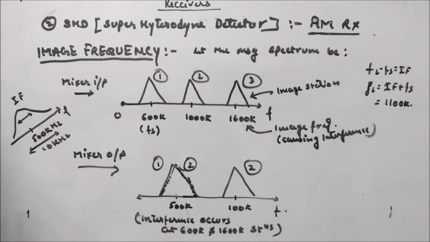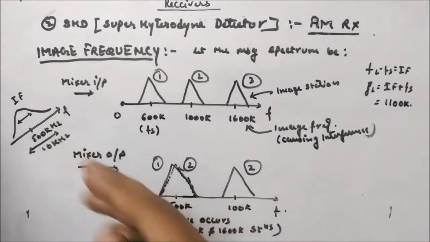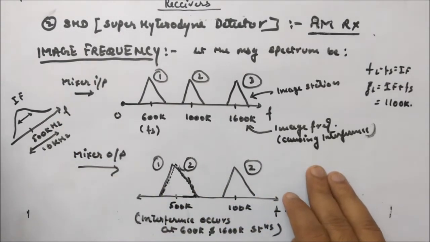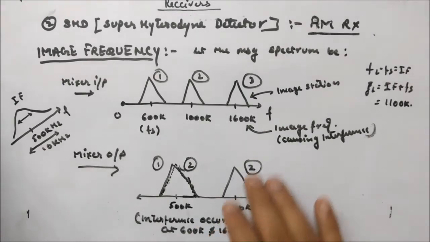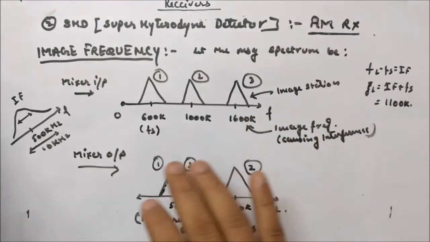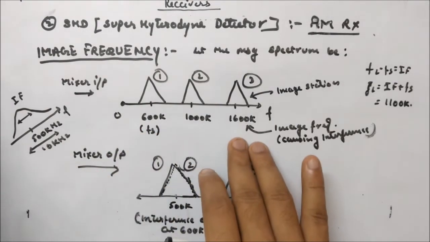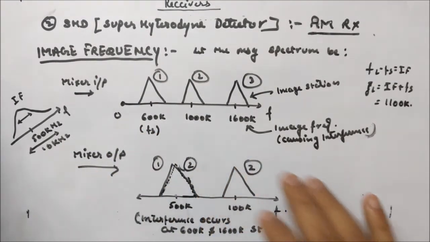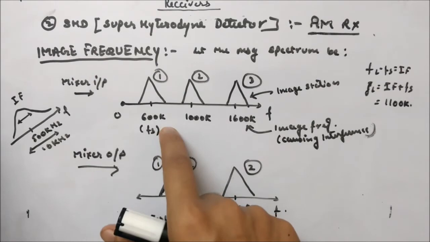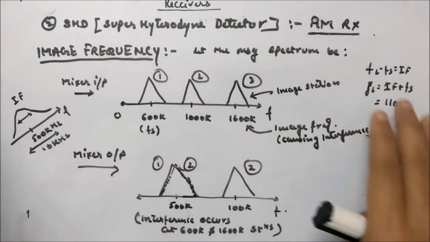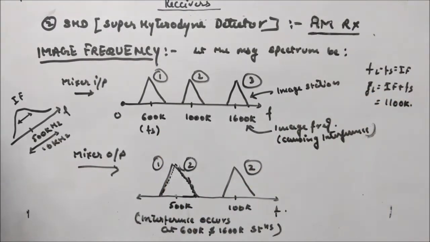Okay, so that is the concept of image frequency, and we should know this. Hence here you can see the 1600K station is causing interference with the 600K station, so 1600K is said to be the image frequency of 600K. Okay, so I hope things are clear, how it is getting interfered with.